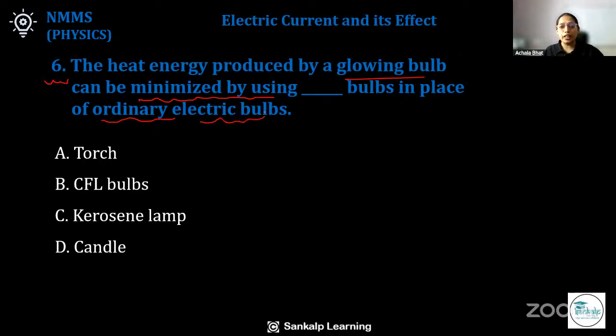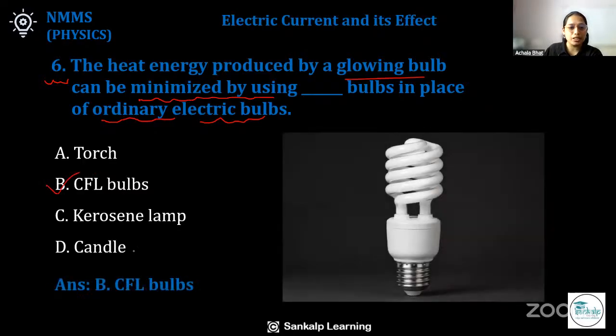Incandescent bulbs produce a large amount of heat. So we can replace those incandescent bulbs with CFL bulbs. This is the correct answer.